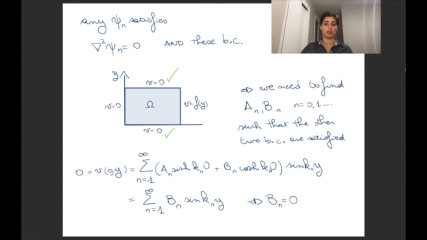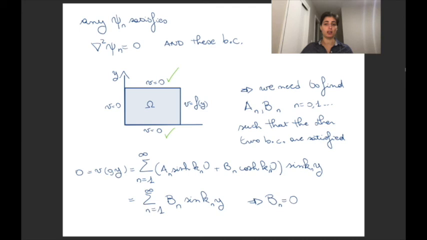So we have that 0 is equal to V computed at x equal to 0 and y. That is an infinite sum for n equal to 1 to infinity of an hyperbolic sine of kn times 0 plus bn hyperbolic cosine kn 0, all of this multiplied by sine kn y.